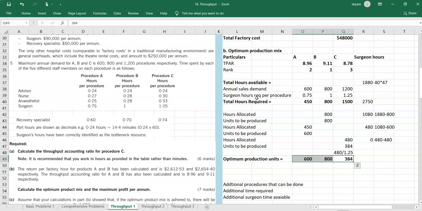If you want, we could convert the word units to procedures, number of procedures.